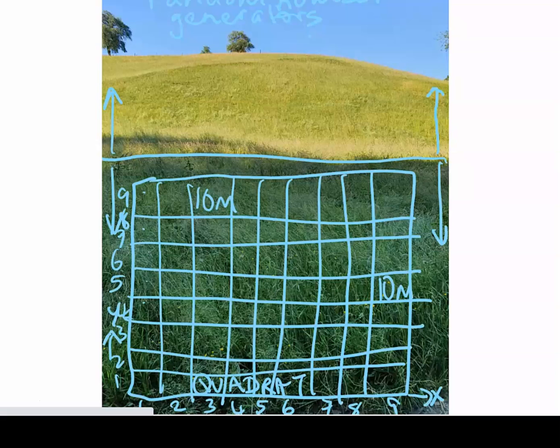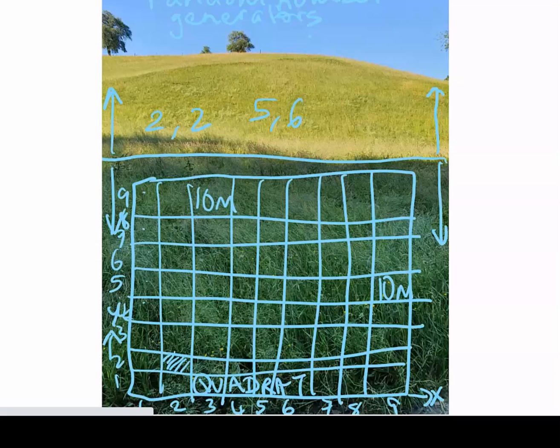And so what you would get is, say your first coordinate is 2, 2. So you go along 2 and up 2, and then this is the quadrat that you're going to sample. Then say your next set of numbers is 5 and 6.